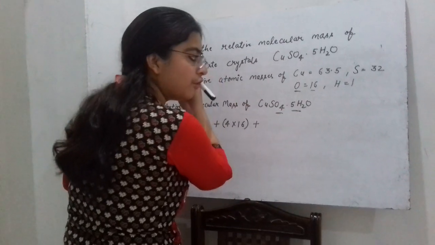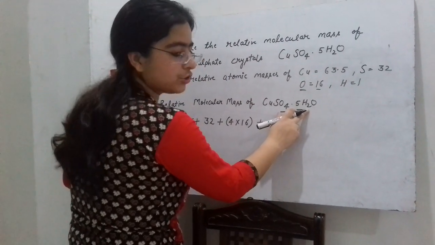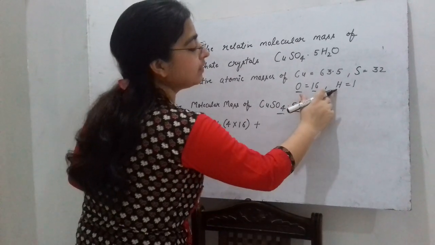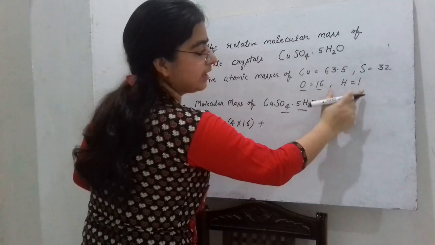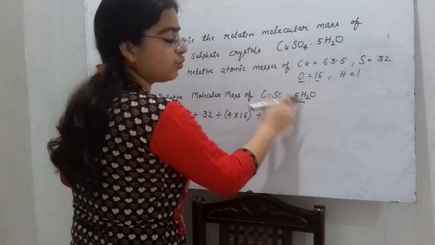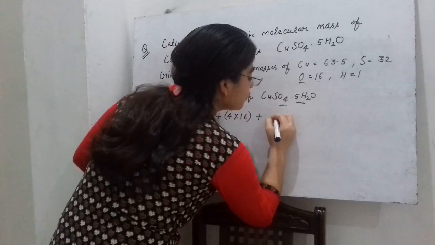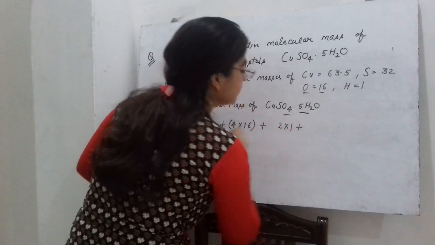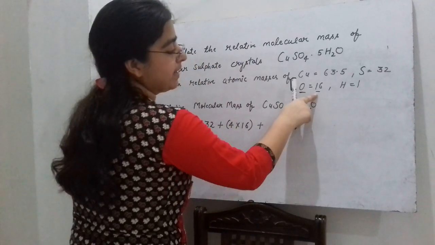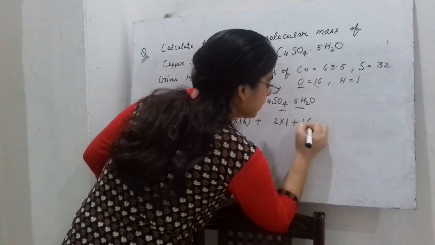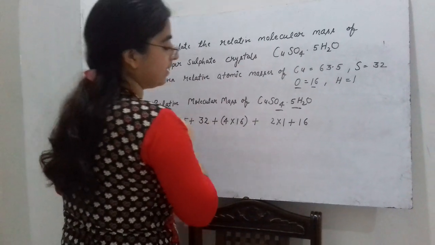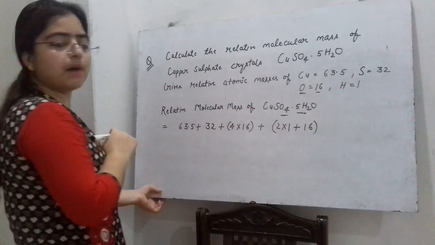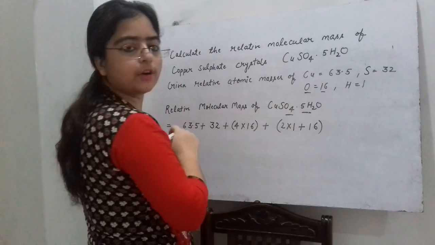In 1 molecule of water, 2 atoms of hydrogen are there and 1 atom of oxygen is there. The atomic mass of hydrogen atom is 1. Since here 2 atoms of hydrogen are present, we will write 2 into 1 plus atomic mass of oxygen is 16. So plus 16. Now this is the relative molecular mass of 1 molecule of water.